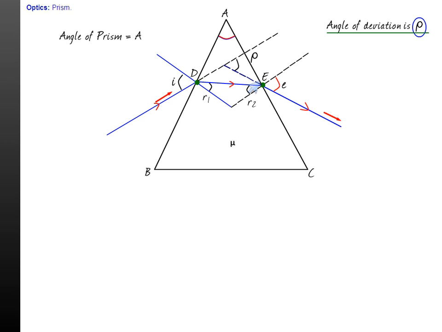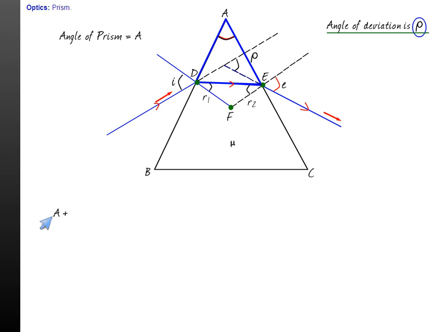Now friends, if we consider triangle ADE, this triangle, then the sum of these interior angles of the triangle will be 180 degrees.